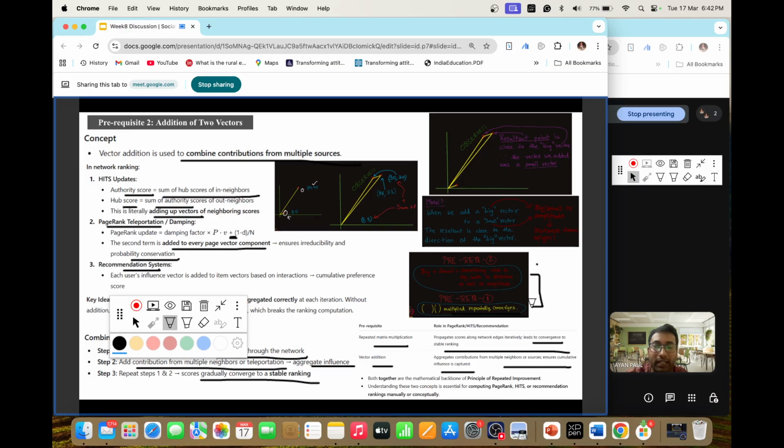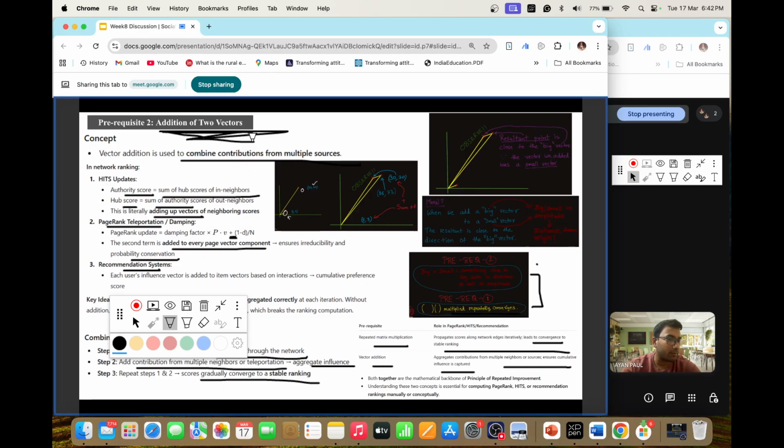So this is important: in the addition of two vectors, if we are adding a small vector with a big vector, then you will get a resultant. Resultant means the answer.